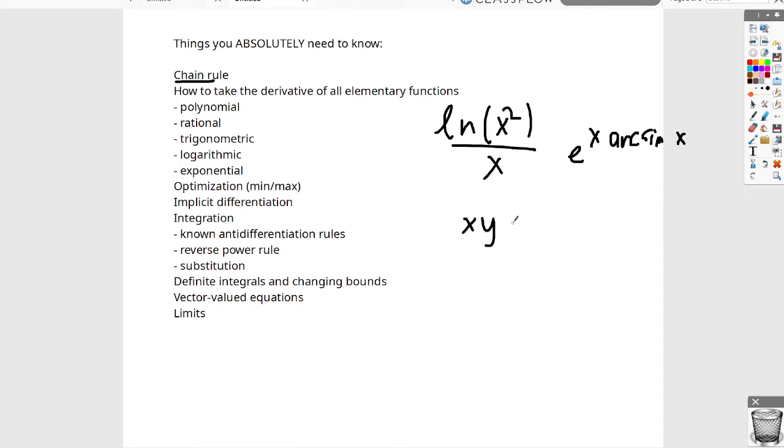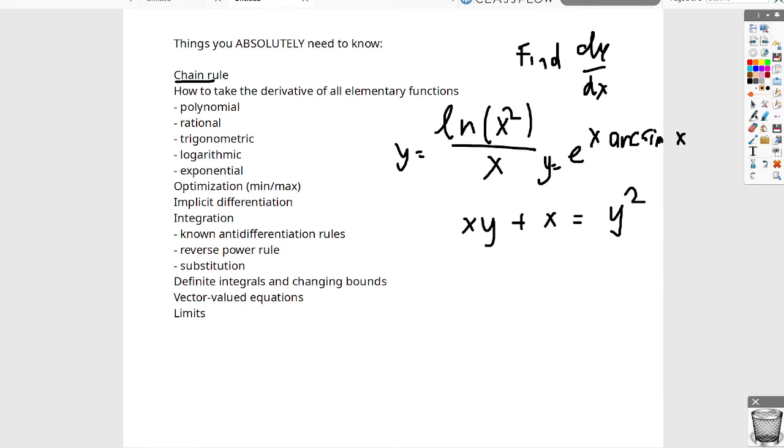Xy plus x. This is implicit differentiation. So just find dy over dx. Find dy over dx. Xy plus x equals y squared.